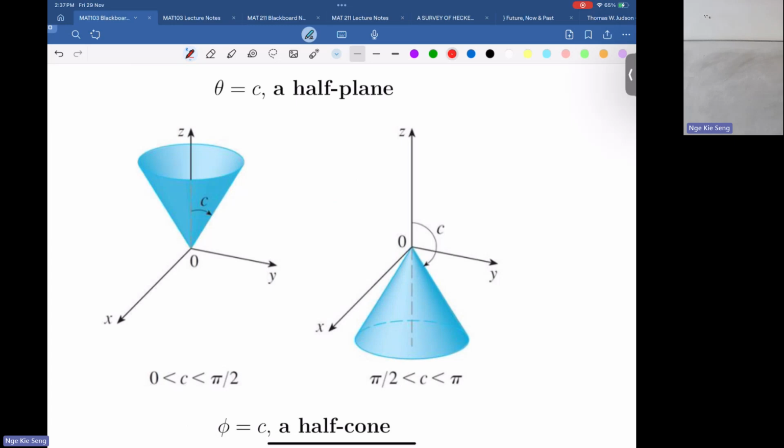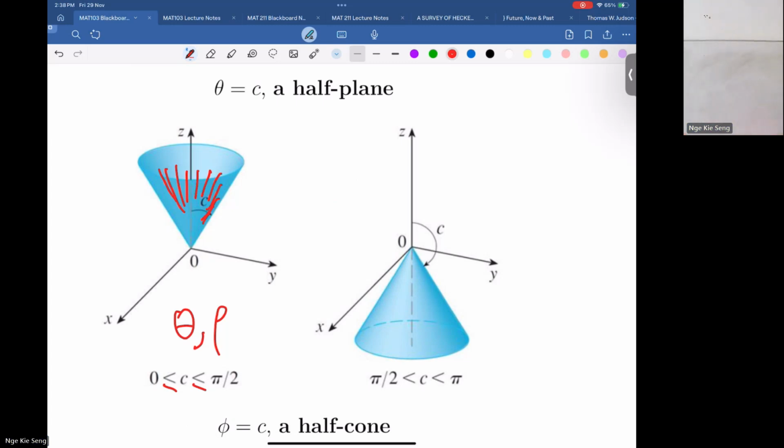So this is a filled-up cone actually. Everything from 0 up to pi over 2, but not equal. Because there's no restriction on theta, there's no restriction on rho also.